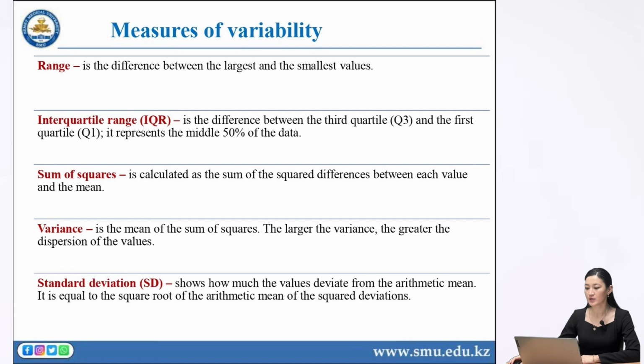Variance is the average of these squared differences. The larger the variance, the greater the spread of the data. Standard deviation shows how much on average each value deviates from the mean. It is the square root of the variance and is one of the most common measures of dispersion.